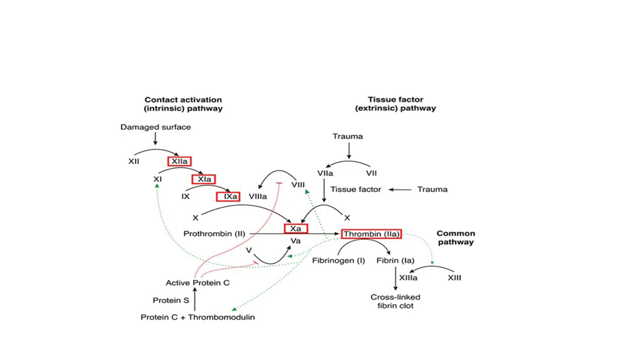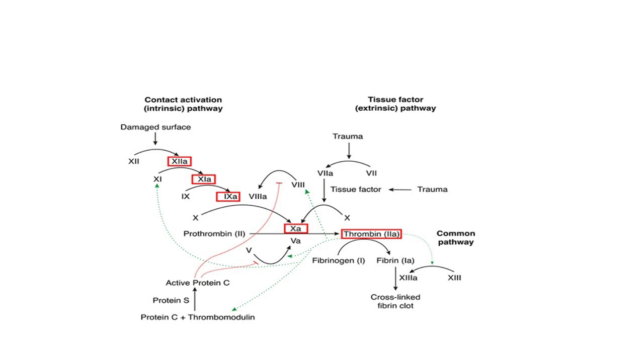This leads to activation of factor XII to XIIa. Factor XIIa then activates factor XI to XIa, which subsequently activates factor IX to IXa. Factor IXa, together with its cofactor factor VIII, forms a complex that activates factor X.